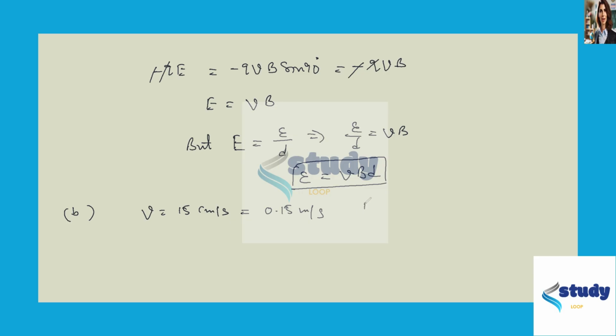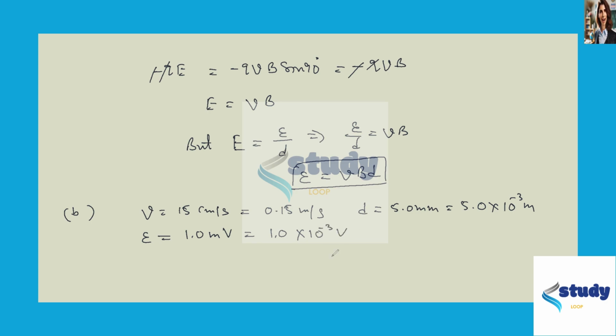The diameter of this blood vessel is 5.0 millimeter, or we can say this is 5.0 into 10 raised to the power minus 3 meter. EMF which we require to be produced is 1.0 millivolt, or we can say this is 1.0 into 10 raised to the power minus 3 volt.